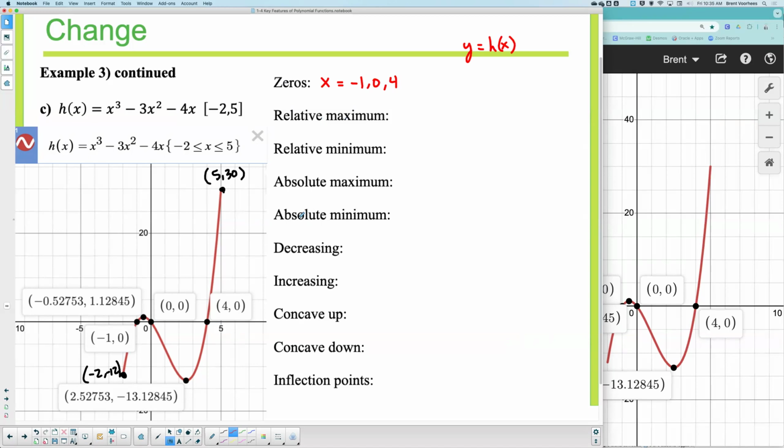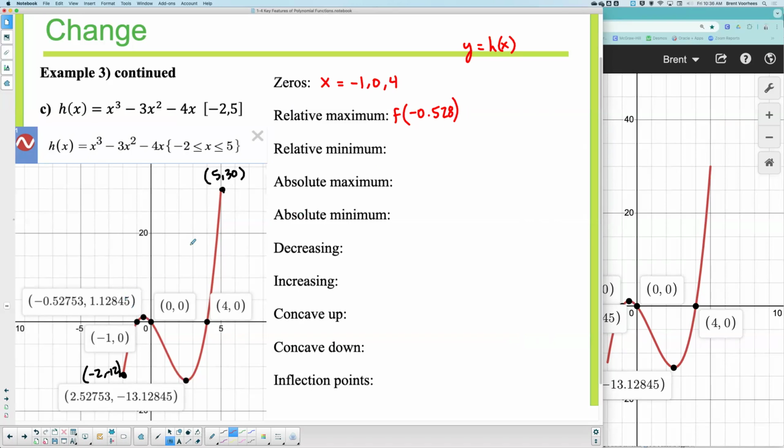Relative maximum. Do you have any maximums on this graph? That means endpoints that are maxes or top of hills. Do you see any? How many maximums? This has 2. Let's go only 3 decimal places here. We're going to say f of, this is a maximum, -0.528.